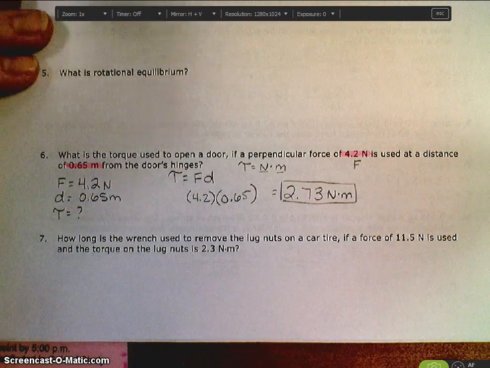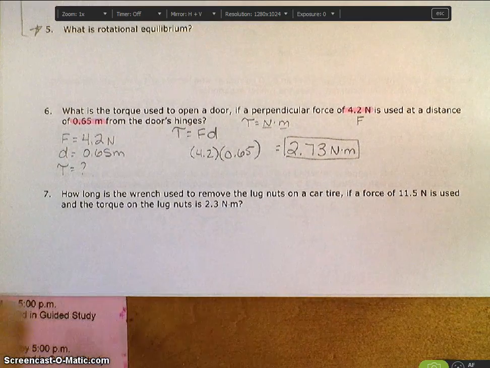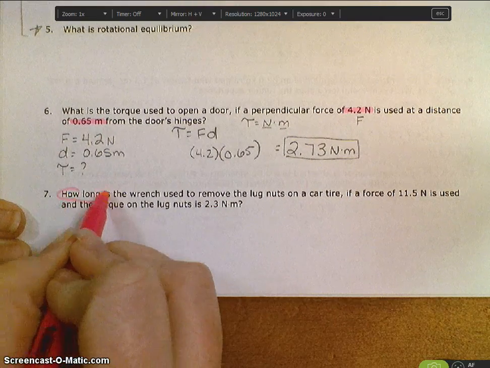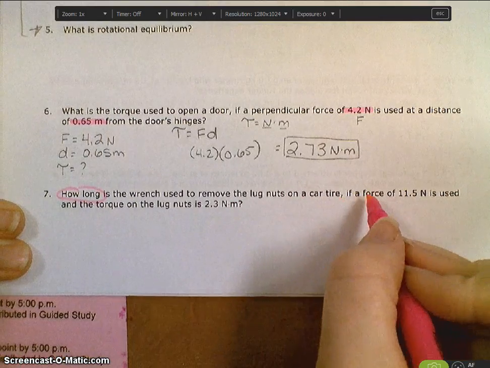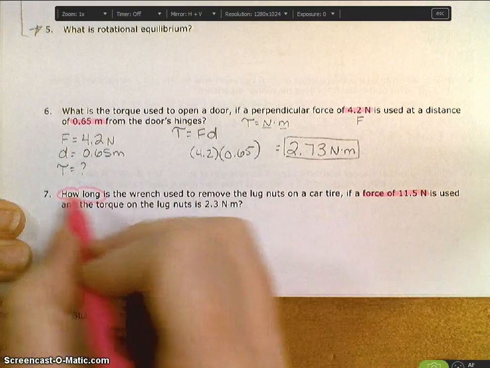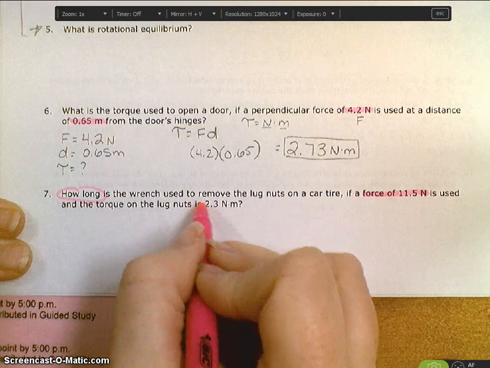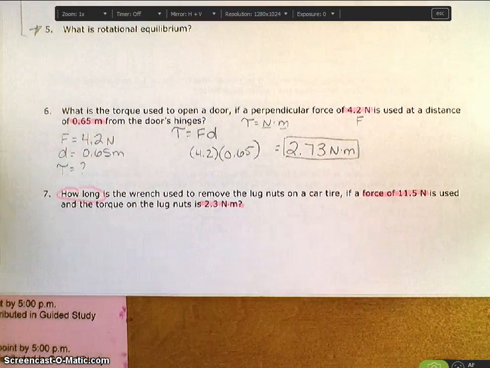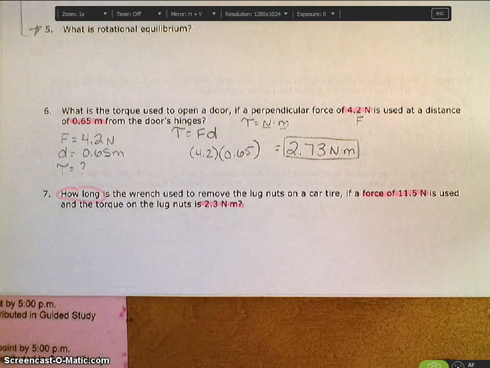Now moving on to number 7, you'll notice that they give us some different information. This time we're being asked about how long the wrench is if we use a force of 11.5 newtons, and they give us the torque on those lug nuts that are holding the tire to the car of 2.3 Newton meters.